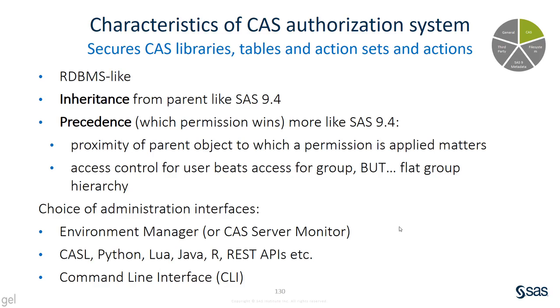And that was similar to how it was in 9.4 also. But again, similar to the general authorization system, there's a flat group hierarchy. So it doesn't matter how you get your group memberships, it's evaluated in a flat manner. So whether you're a direct member of a group or an indirect member of a group, it doesn't matter, you're just a member of those groups.